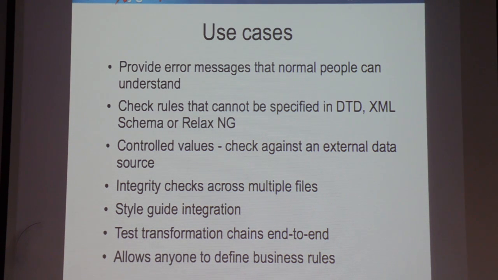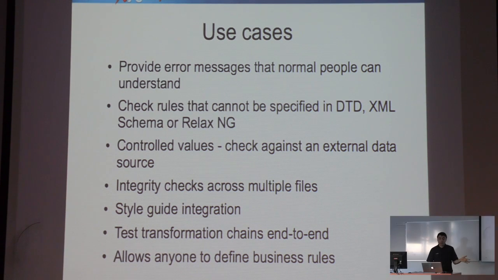The use cases are mainly the ones that I covered here: provide error messages that normal people understand, check different rules that cannot be specified in the DTD or XML schema or Relax NG. You can use Schematron for controlled values, checking values in your document against external data sources, and integrity checks across multiple files.